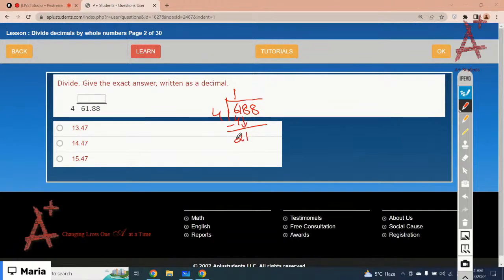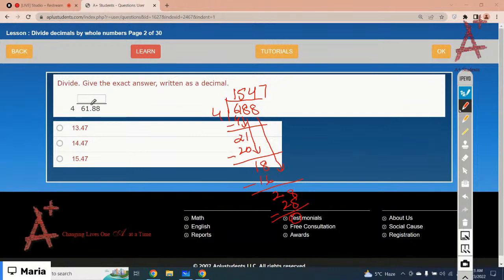Bring 1 down. 4 times 5 is 20. 21 subtract 20 is 1. Bring the next digit down, 8 it is. 4 times 4 is 16. 18 take away 16 is 2. And write the next digit down. It would be then 4 times 7 is 28. Got it? And 28 subtract 28 is 0.